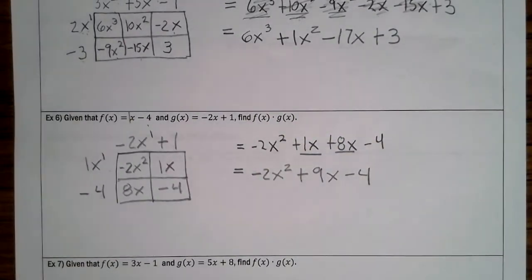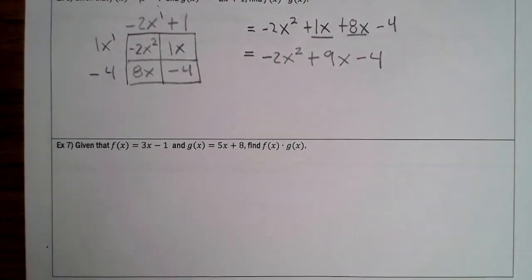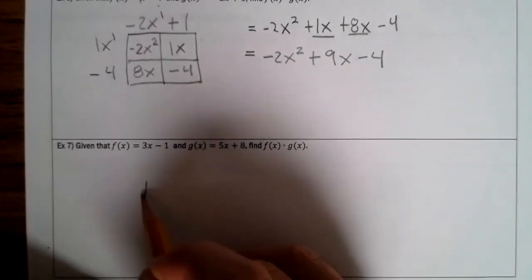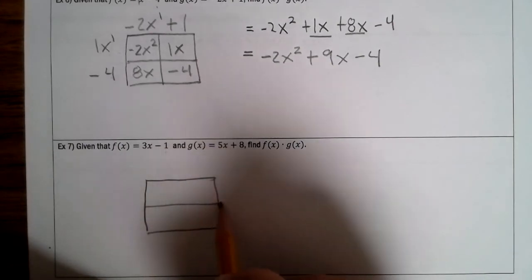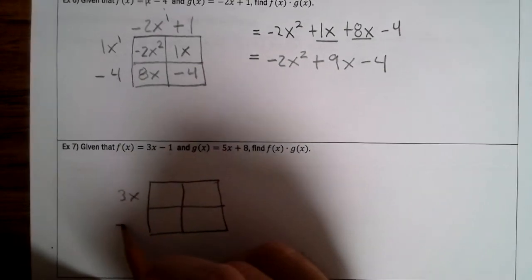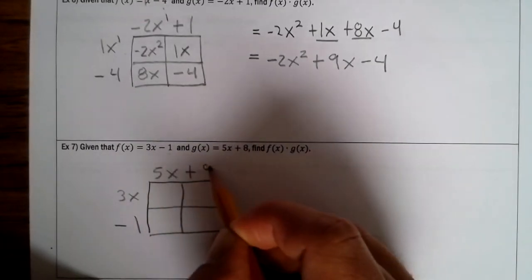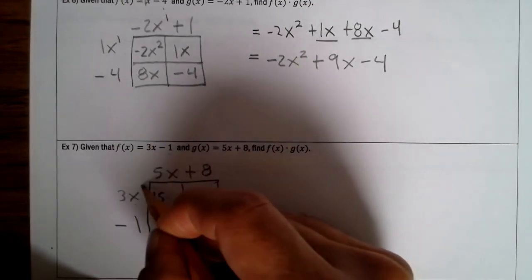All right, let's look at the last example. So here we multiply, there's two pieces, so it's a 2 by 2 box. 3x minus 1, 5x plus 8. So 3x times 5x is 15x. And again, this is 1, this is 1. So when you multiply x once, that's x squared. 3x times 8 is 24x.